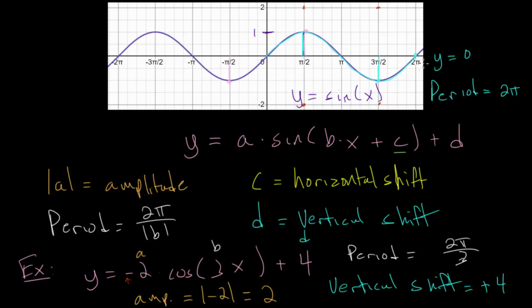Then for the period, we will essentially just squish the function. We will divide the period by 3 from the original parent function, and then shift everything up 4 units. And that will give us the graph of this equation here. And to get a better understanding of this, it's useful to look at this using a computer graphing program. So in the next video, we will look at this general equation, but on Desmos.